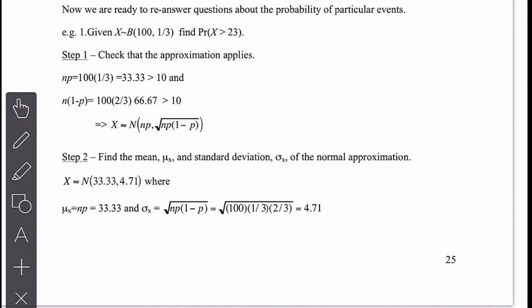Now, step 3, so that was criteria 1. Criteria 2, find the new parameters, and 3, the new parameters for the variable being a normal. And now the third part is to compute this, but exact, making a correction. What do I mean?